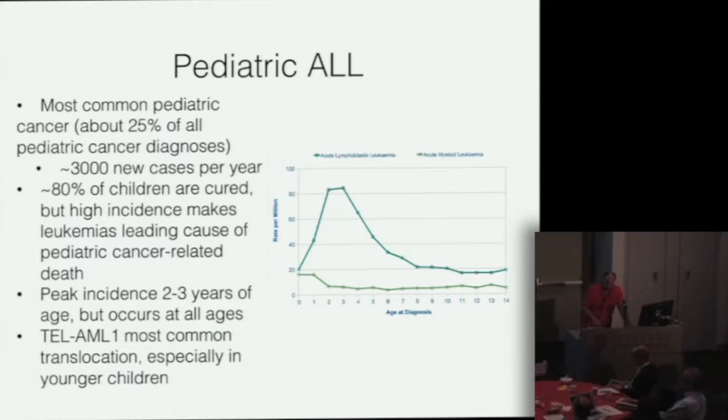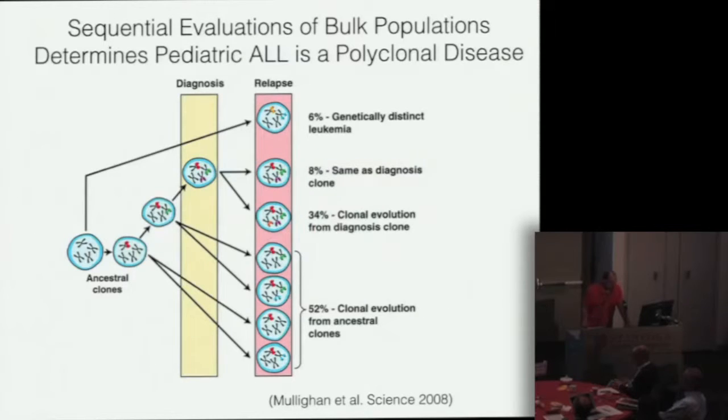One of the interesting things about ALL is that it's known to be a polyclonal disease, and people who have done coarse measurements by CNV and looked at the dominant clone at diagnosis have been able to show that in cases of relapse, it tends to be quite a different disease. Only 8% of the time is it the same clone as at diagnosis dominating the tumor.